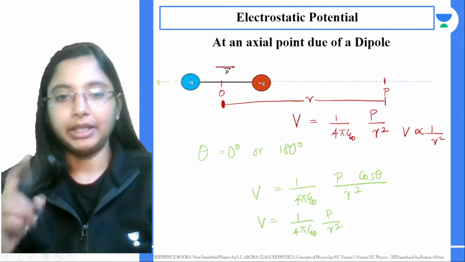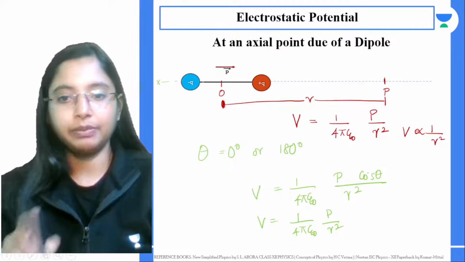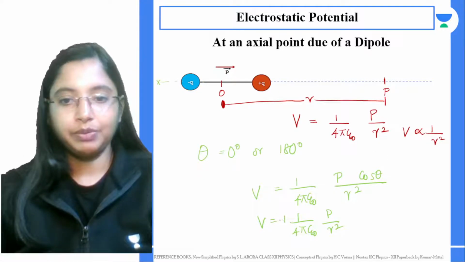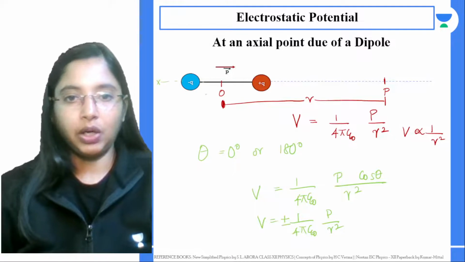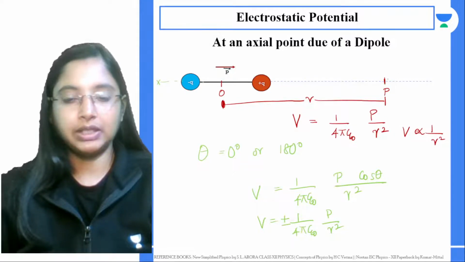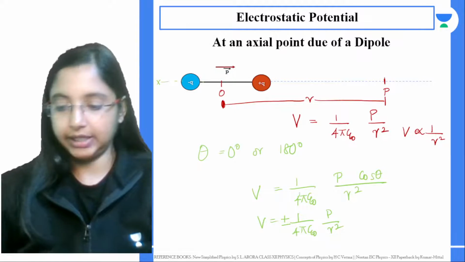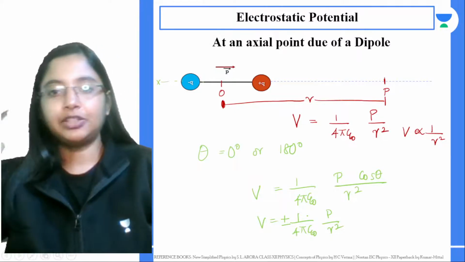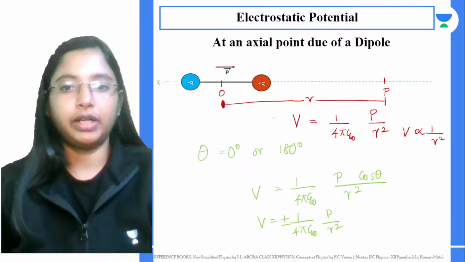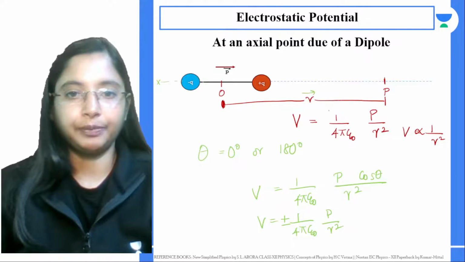But if this is 180 degrees, cos 180 is minus 1, so this quantity becomes negative. So along this axial line, whether it's 0 or 180 degrees depends on this position vector.